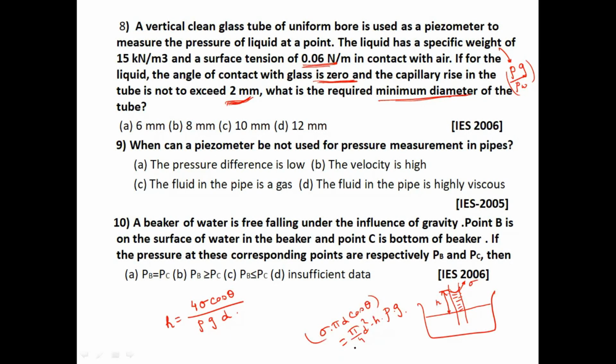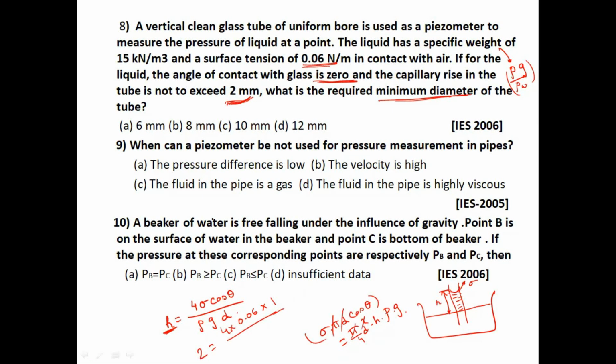From this formula pi cancels out, and d cancels out, so h equals 4 sigma cos theta divided by rho g d. The capillary height should not be more than 2 mm. So 4 into 0.06, and cos theta is already 1 because cos 0.